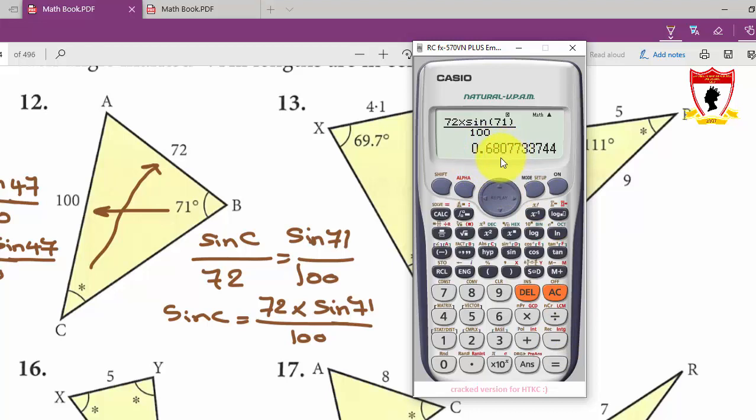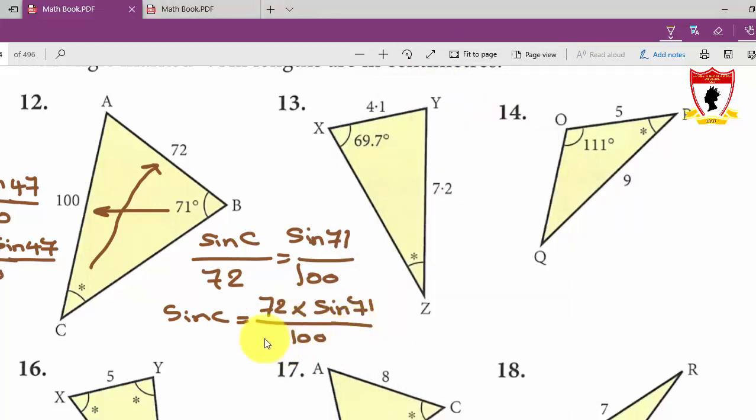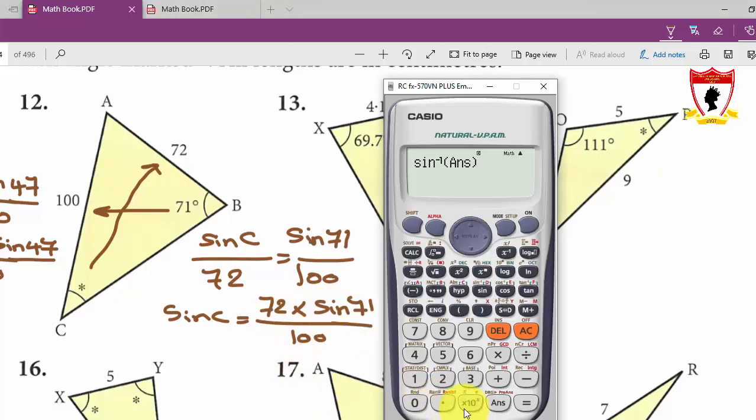And to get angle C, we need to find sine inverse of this result. Then shift and sine, it is sine inverse with this tiny negative one here. Sine inverse of the answer. The answer was the result of this calculation, which was in the answer command we used here.